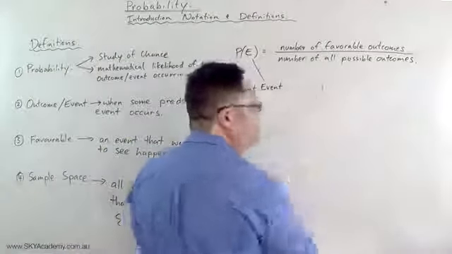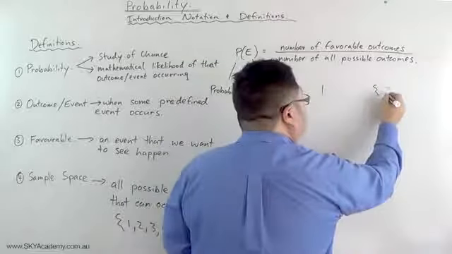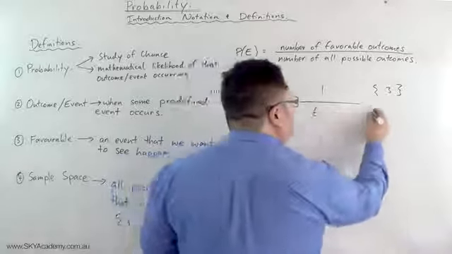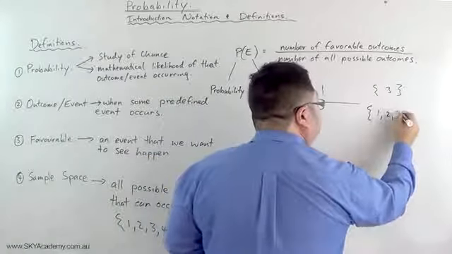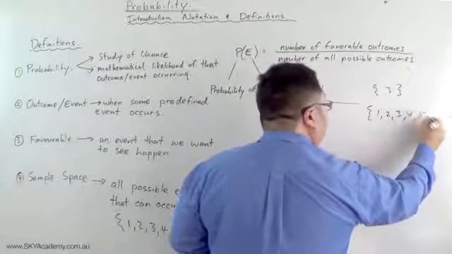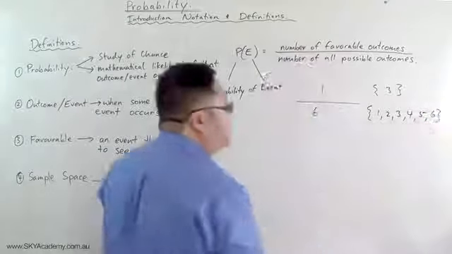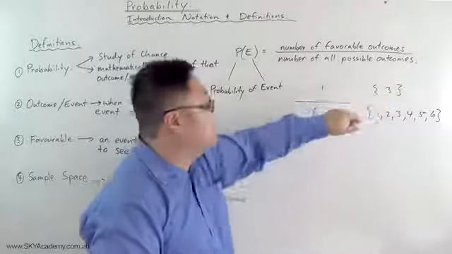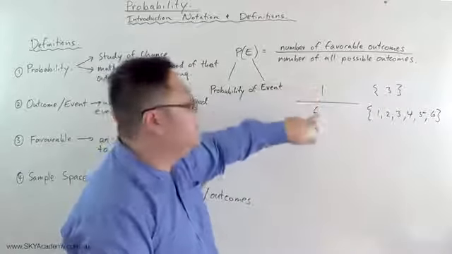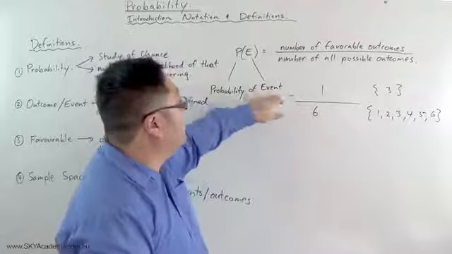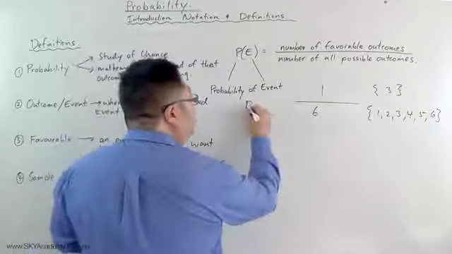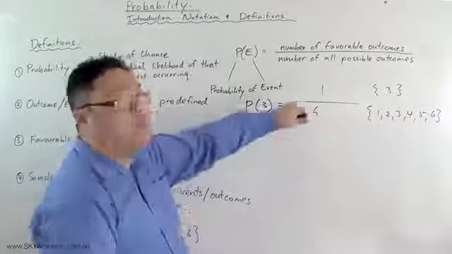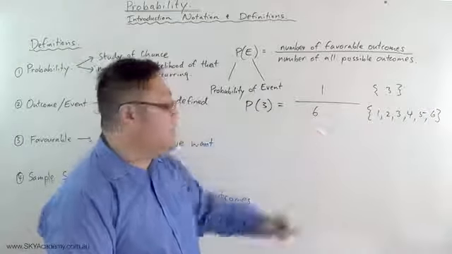Only one, and that's rolling a 3. How many possible outcomes are there? There are 6: you can roll a 1, 2, 3, 4, 5, or 6. So the probability of rolling a 3 would be 1 out of 6.